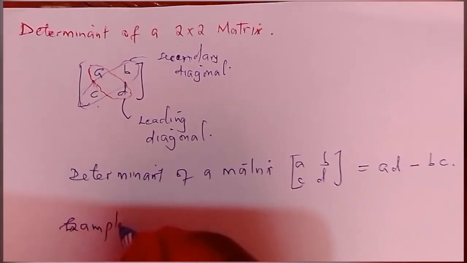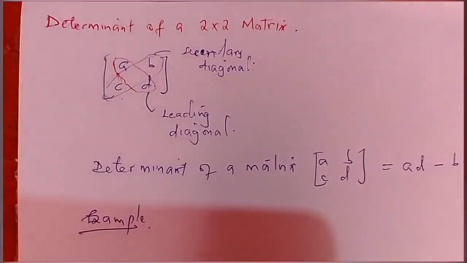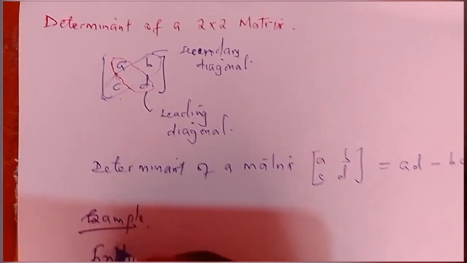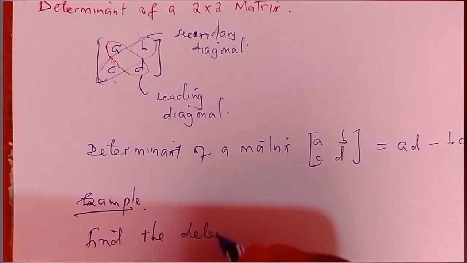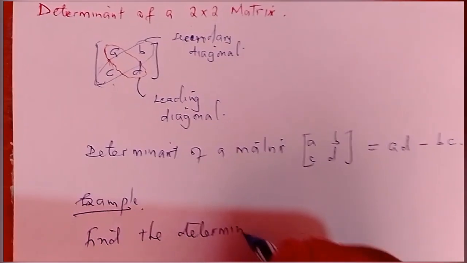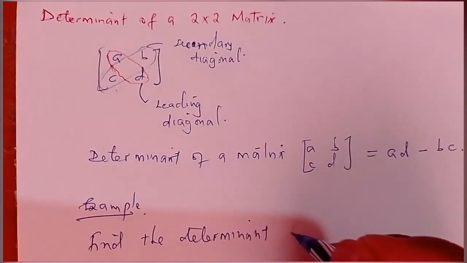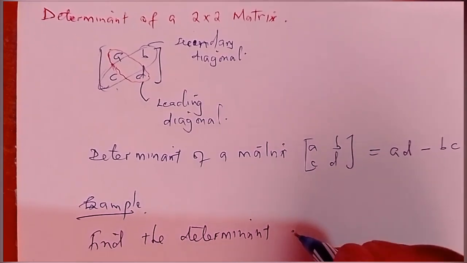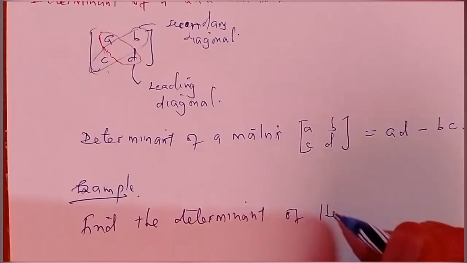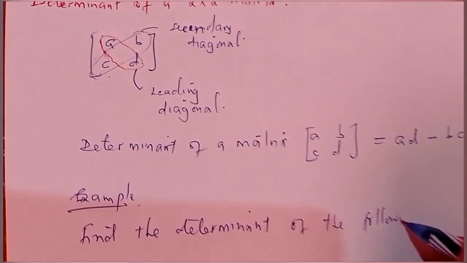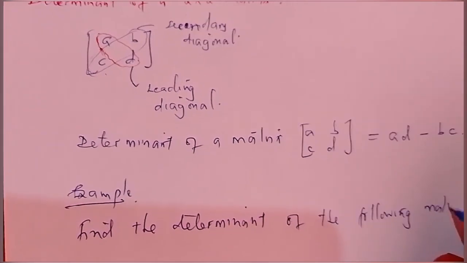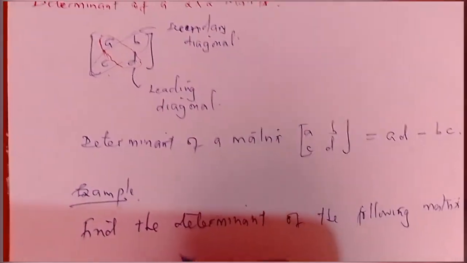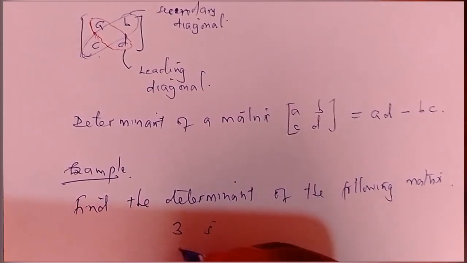I have been asked to find the determinant of the following matrix: 3, 5, 2, and 4.